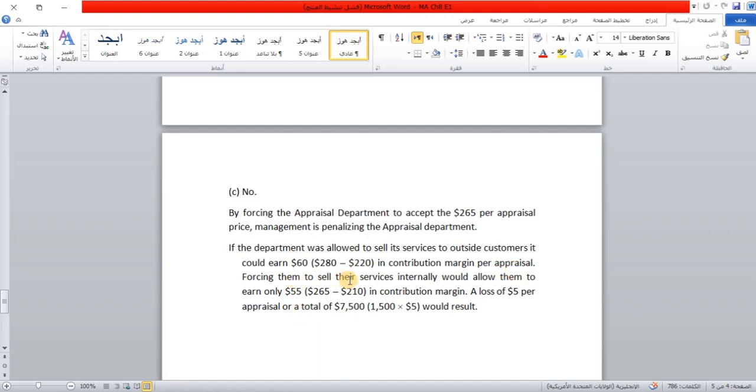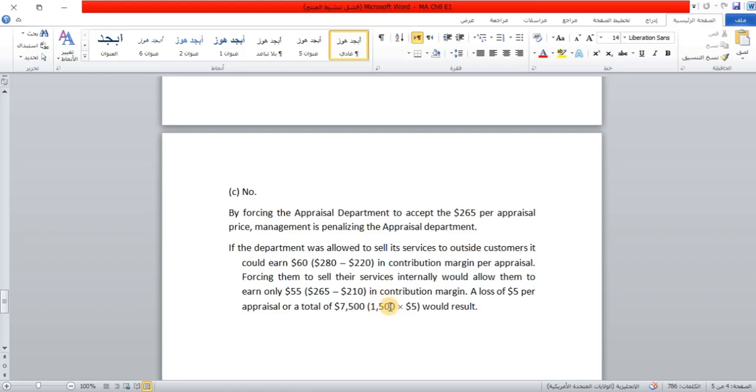Forcing them to sell these services internally would allow them to earn only $55, the difference between the transfer price 265 less new variable cost 210. So the appraisal department will realize a loss of $5 per appraisal, the difference between 60 and 55.